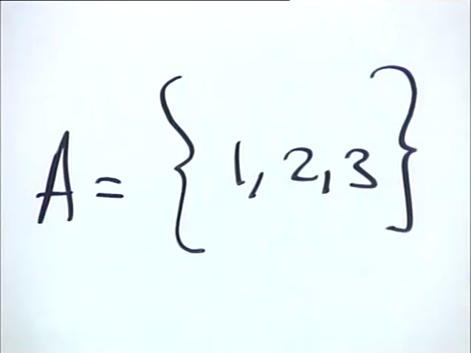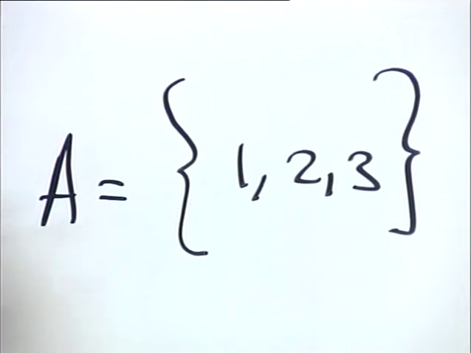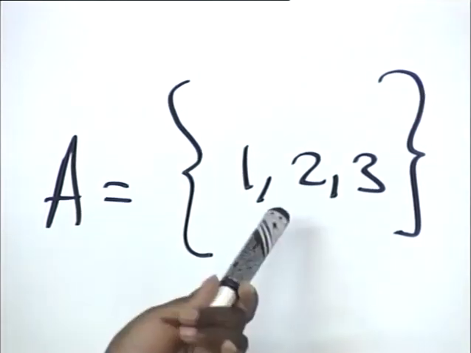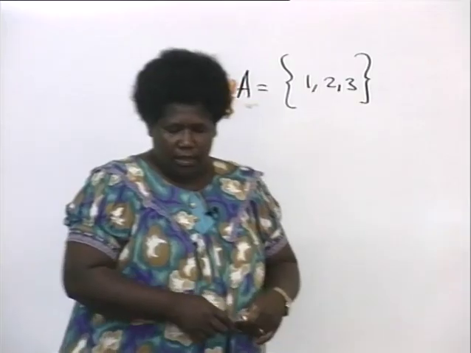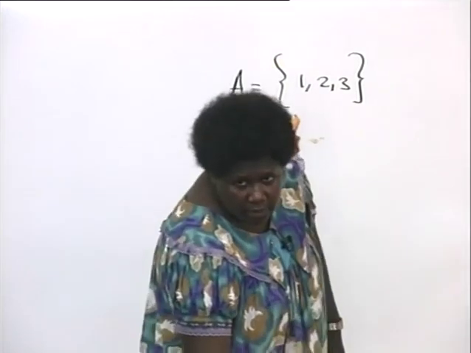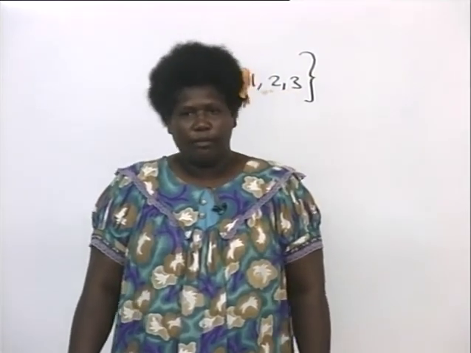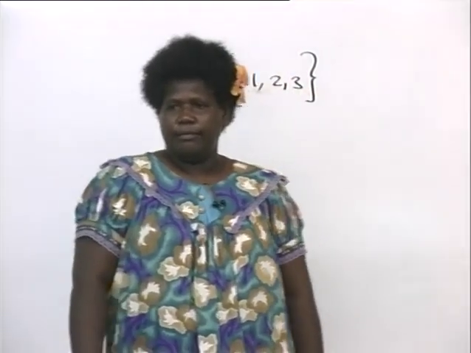If I wanted to say 1, 2, and 3 are members of set A, what symbol do we use to mean that 1, 2, and 3 are members or are elements of set A? Can someone come and write on the board the symbol used to mean members of or elements of?